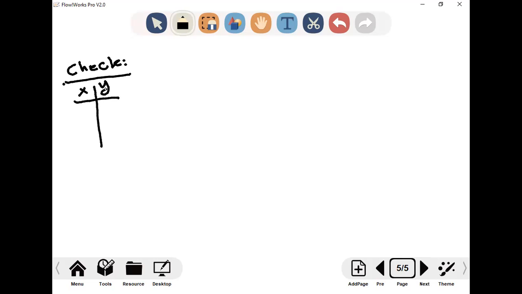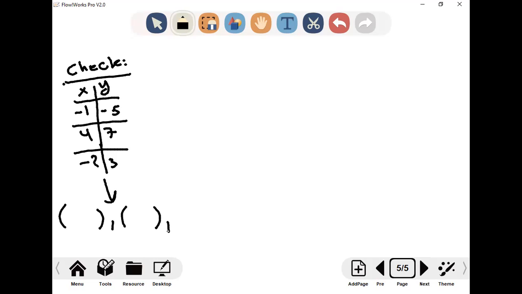We have x, y: -1 with -5, 4 with 7, and -2 with 3. What are the ordered pairs? This is how we make it for the table.